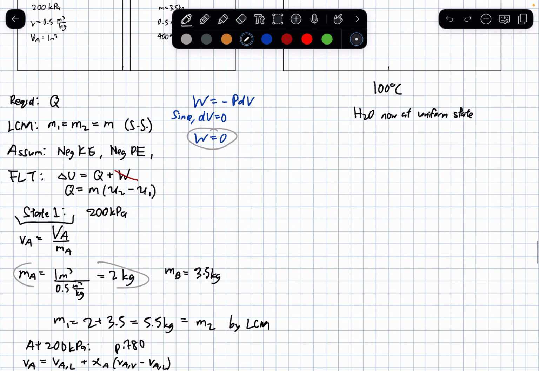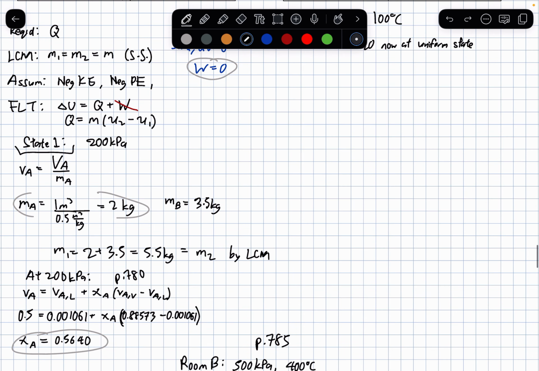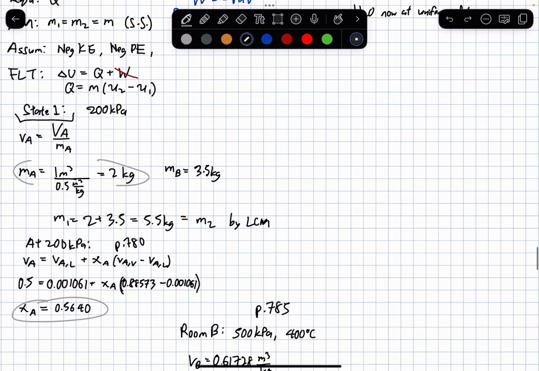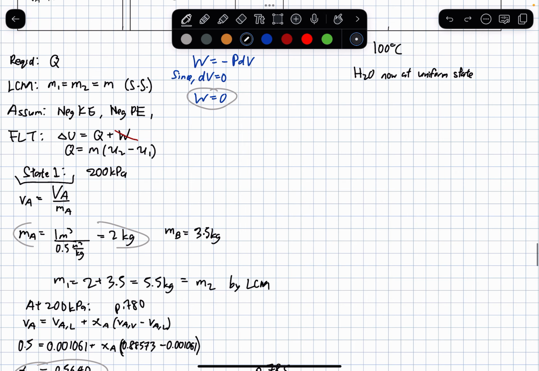This one will have to do with finding u sub 2. For the time being, we know this mass is the one that we found earlier. That is the m sub 1, no? Which is also m sub 2, since this is a steady state according to the law of conservation of mass. U sub 1 could be found already.